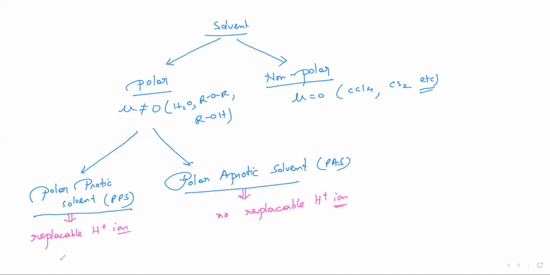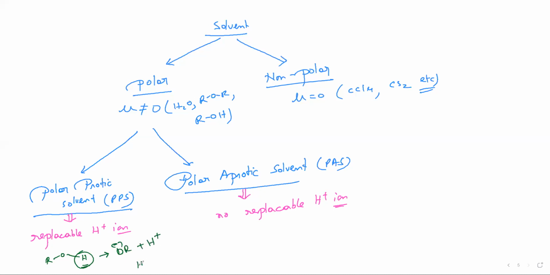Now, what do you mean by replaceable H plus ion? Suppose alcohol: in this case, the hydrogen is directly associated with an electronegative element. Those hydrogens which are directly attached to an electronegative element are called replaceable hydrogens. That means this hydrogen can be replaced or eliminated, and we get RO minus and H plus.